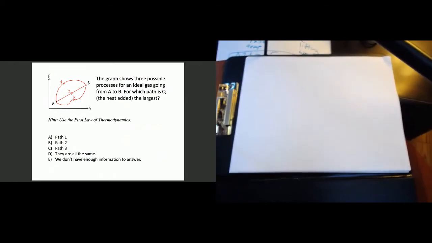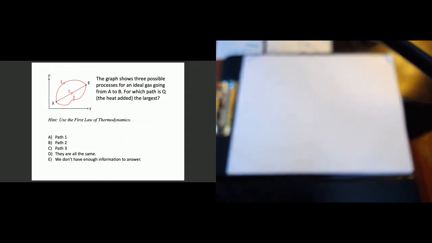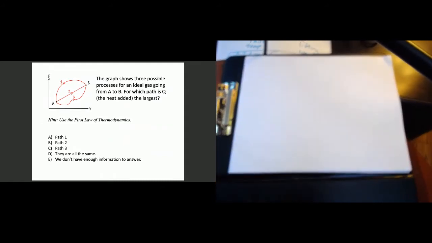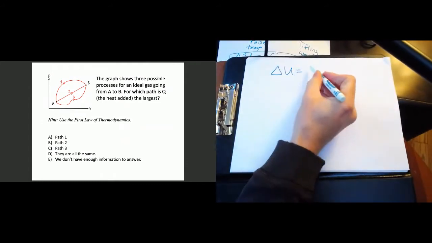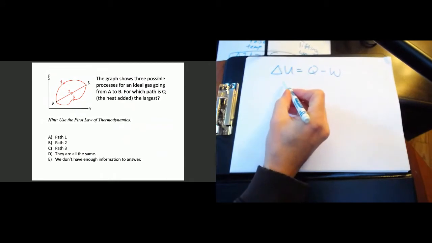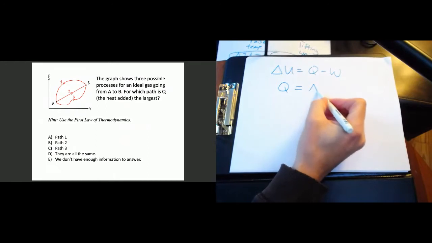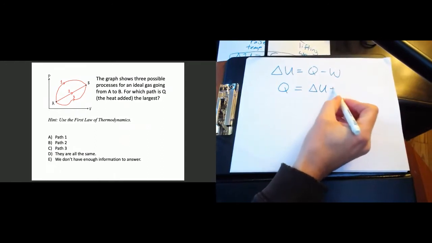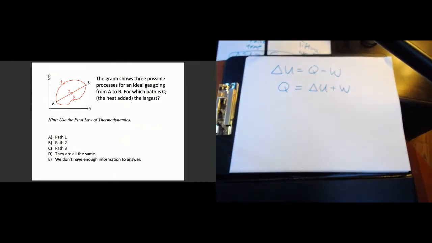It's hard for us to know how to think about Q. So what we really want to do is make use of our first law. And so the usual form is that delta U equals Q minus W. And so if we rearrange that, since we're interested in Q, we can rearrange that to put Q on the left-hand side.